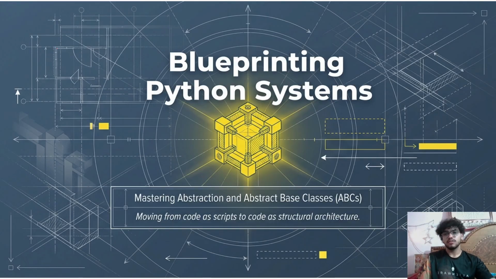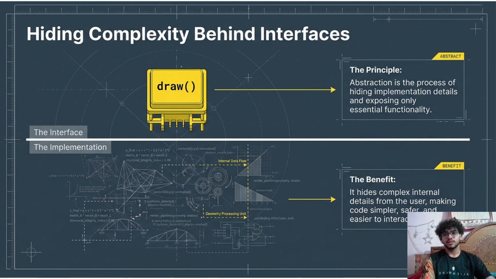So first of all, we'll see what abstraction is. Abstraction means hiding, in Python, hiding the data that's not relevant to the user. Hiding complexity behind the surface.